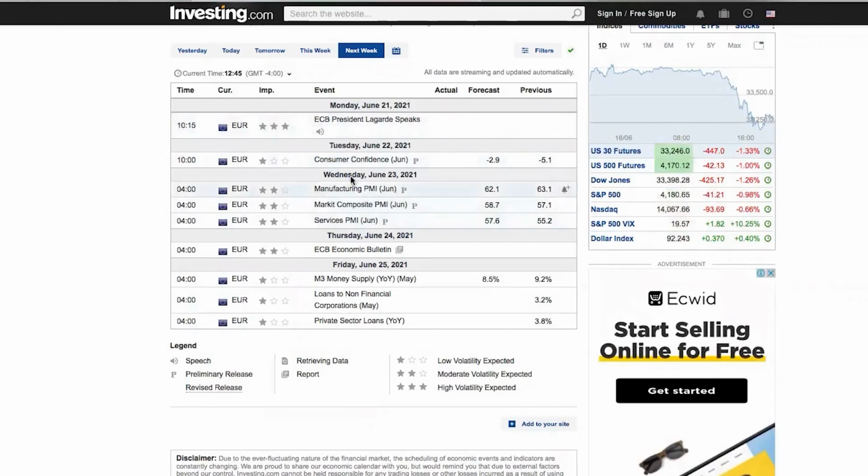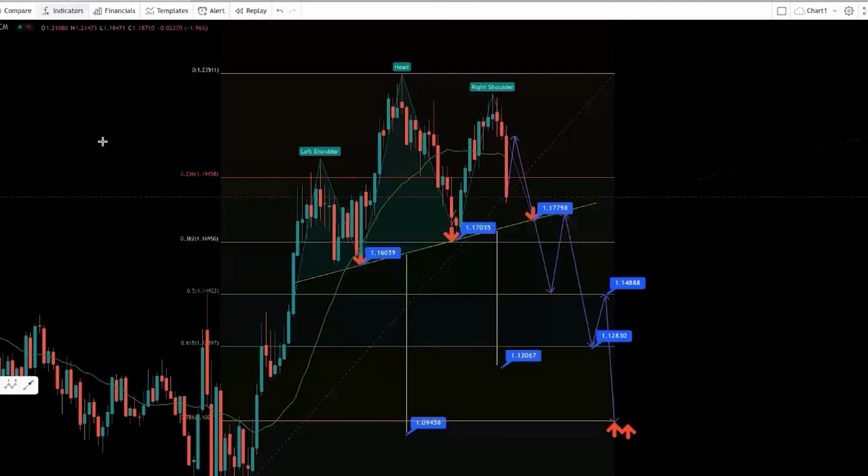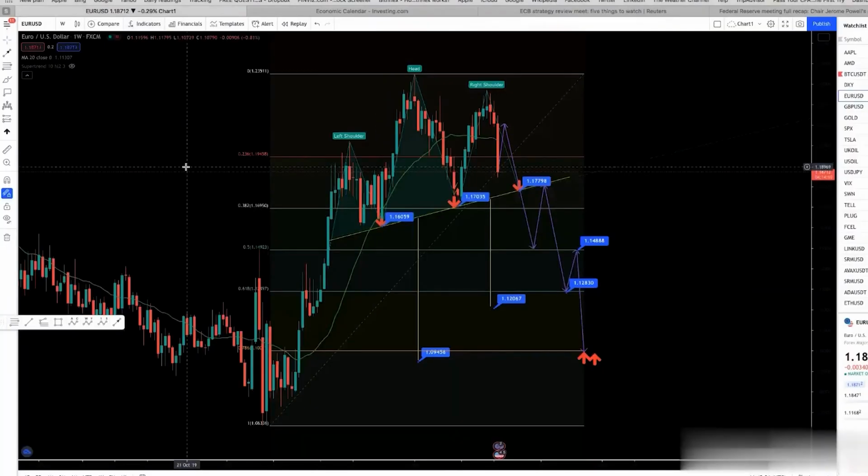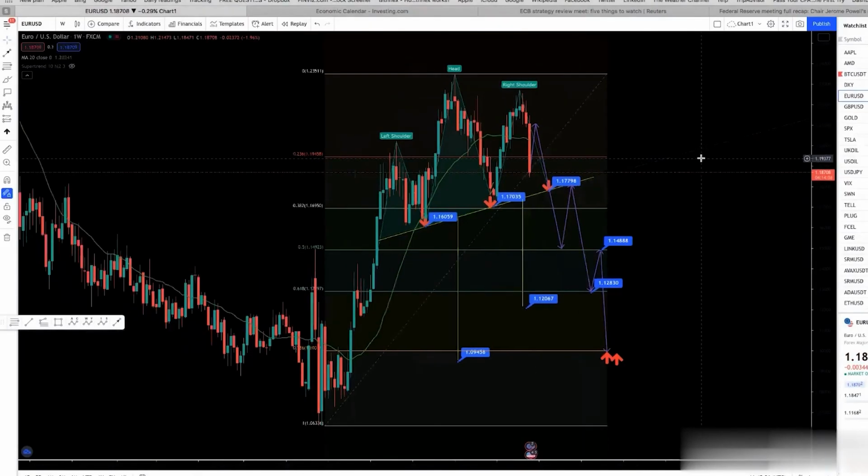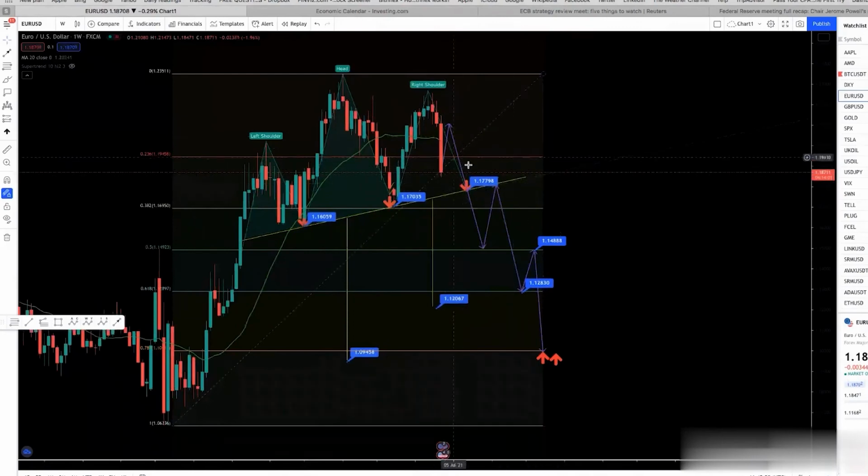And Wednesday we're going to have PMI data which are likely to give a great indication on how well the euro economy is settling in post-COVID. Okay, so these are really going to impact the euro dollar for the coming week.